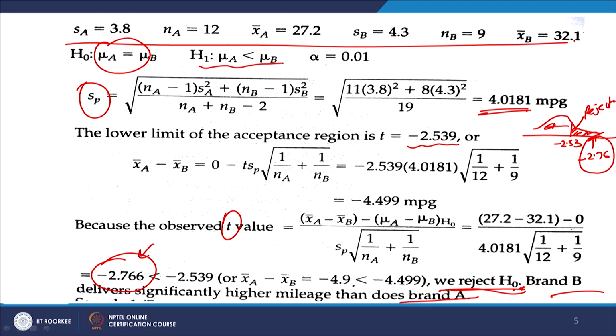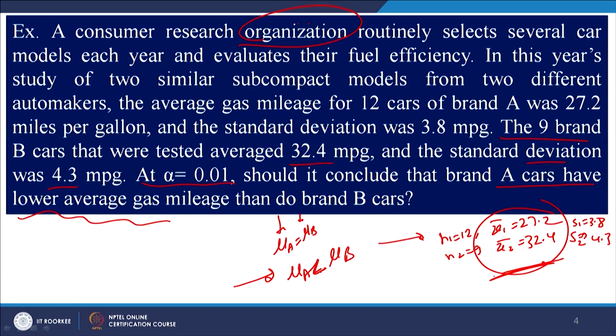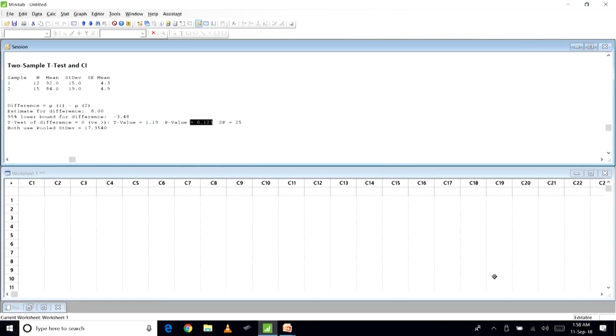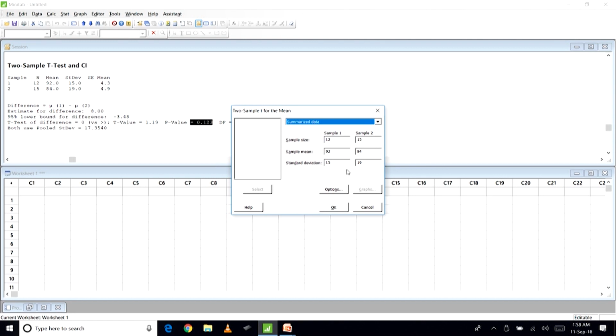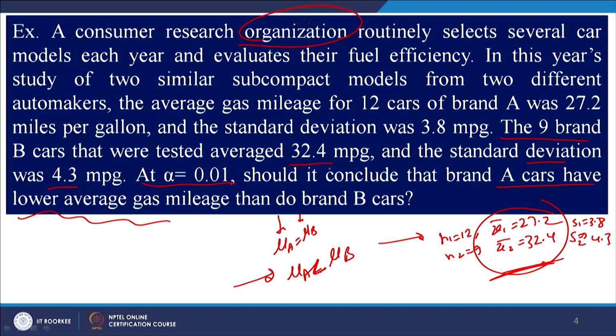Let us work out this example using Minitab. We will go to Stat, Basic Statistics, 2-Sample t-test. Let us look at the data once again. You have got 12, 27.2 and 3.8.